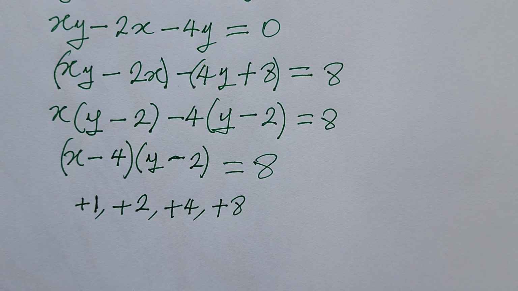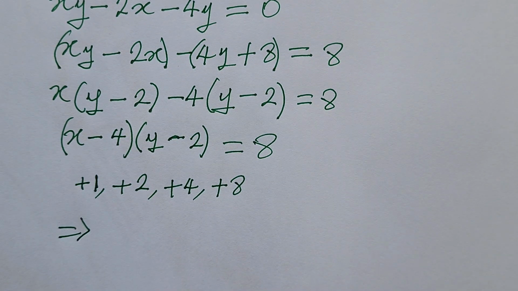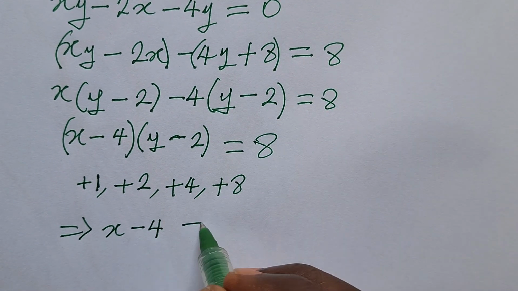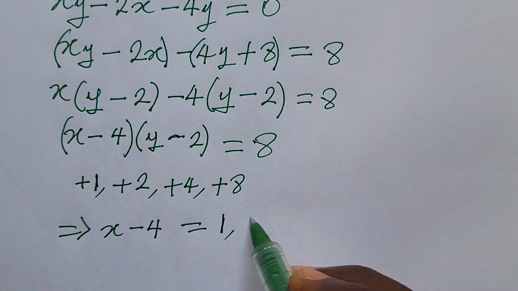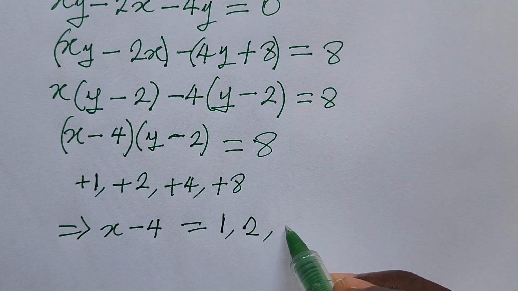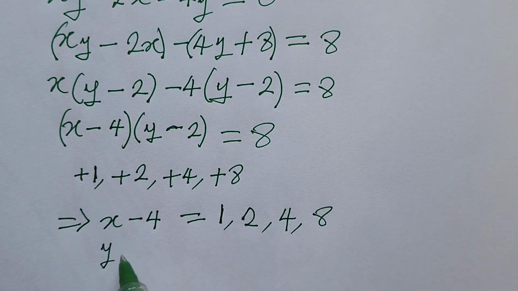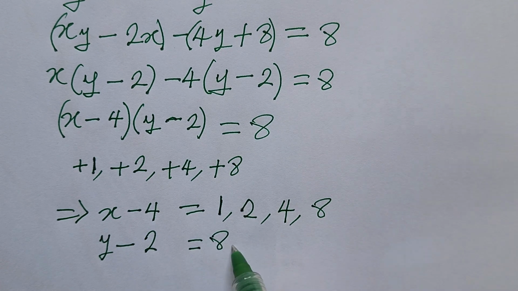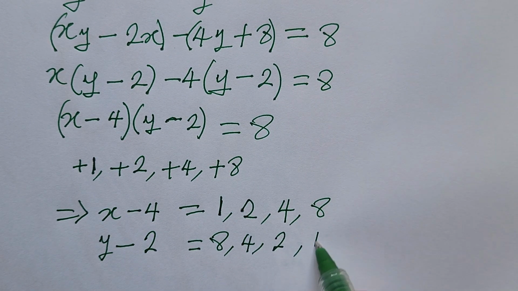So this now implies that in the first case, x minus 4 will be equal to 1, also equal to 2, then 4 and 8. Then y minus 2 will be equal to 8, then 4, then 2, and 1.